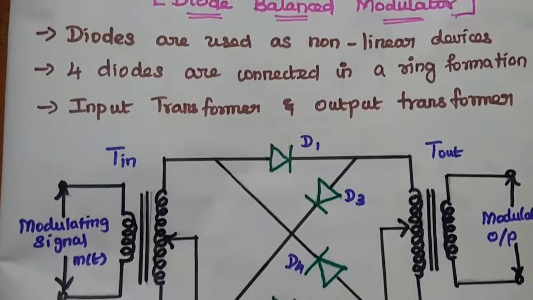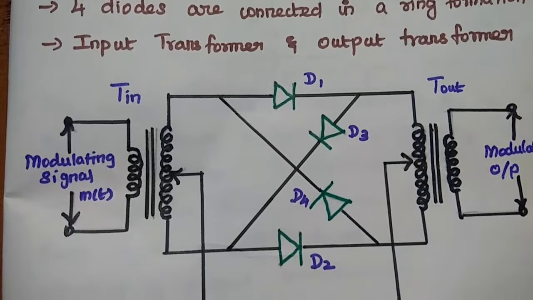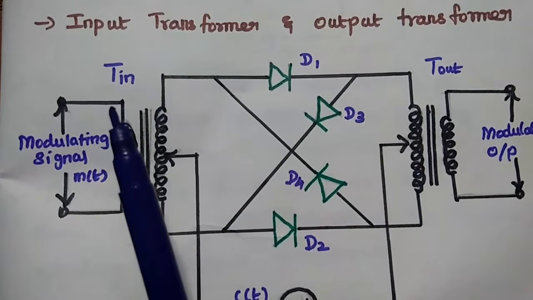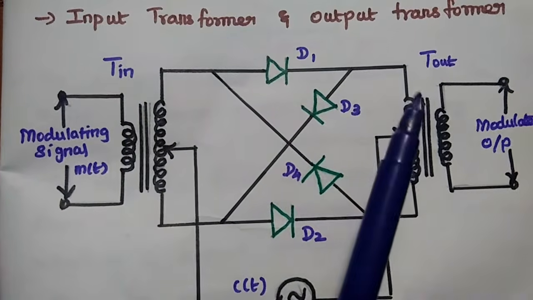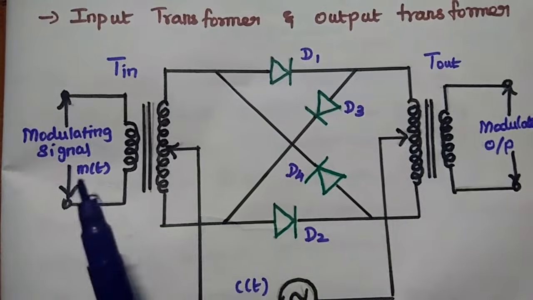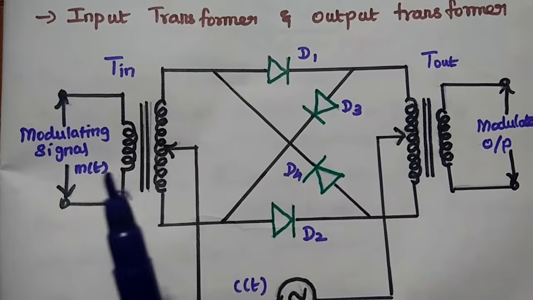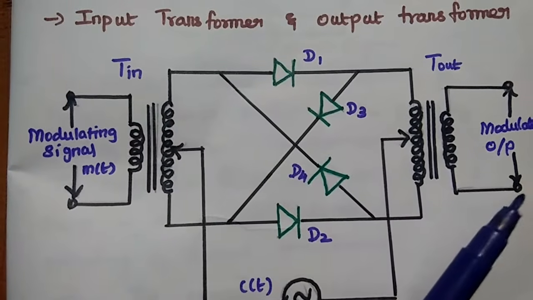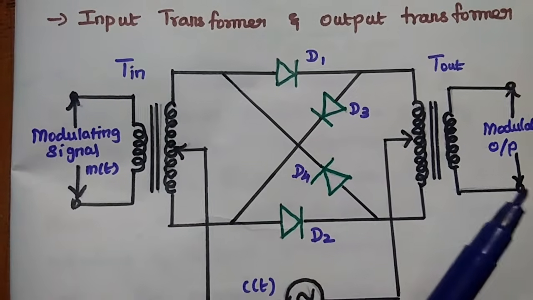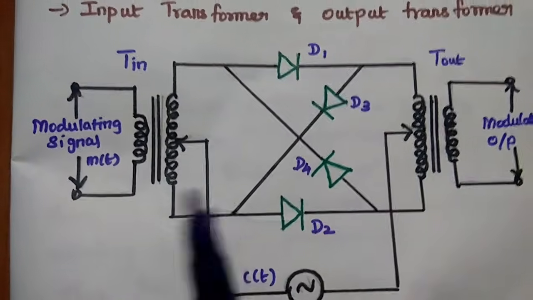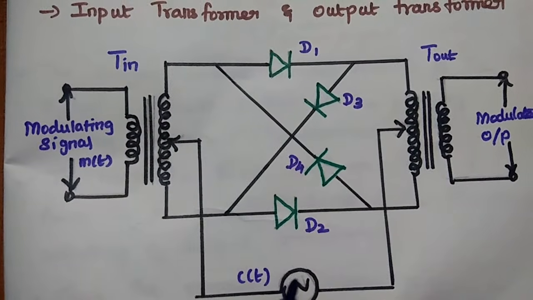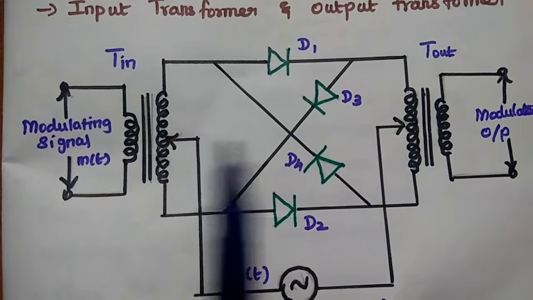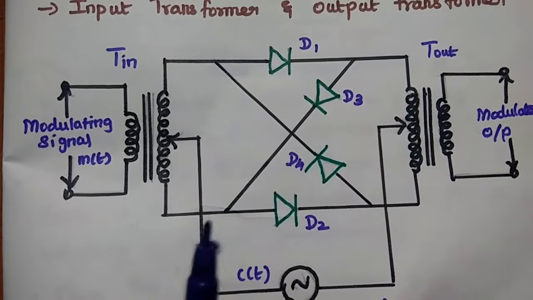At the input and output side, 2 transformers are used. It is represented as input transformer and output transformer. The modulating signal is given to the input transformer, and we can take the output from the secondary winding of the output transformer. The carrier signal is applied to the center taps of both the transformers.